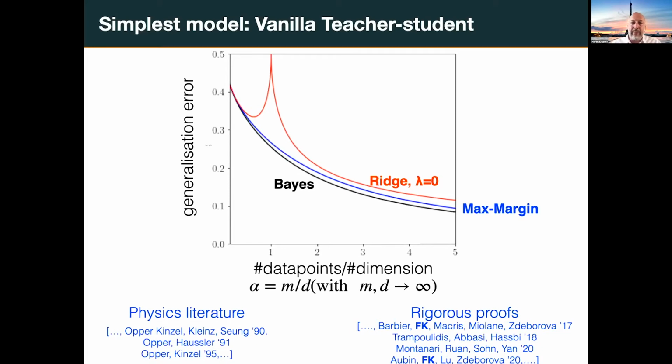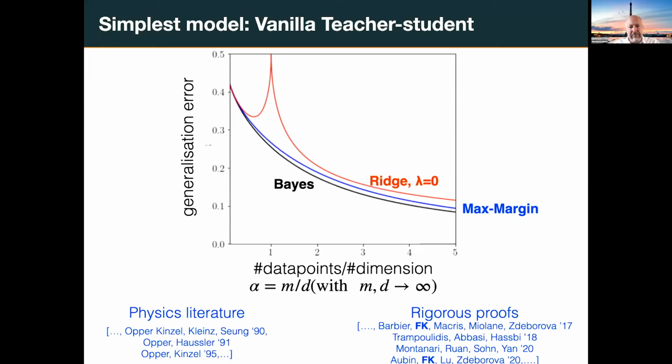You can also compute what happens if you use empirical risk minimization. There is a nice paper by Opper in '95 where he computes what happens with the ridge problem without any regularization, so the pseudo-inverse. He obtained what you see here as a red curve, and he saw this behavior that is now very trendy and called double descent, which was already observed in the 90s. He also computed the max margin solution, this is the blue curve, and many others.